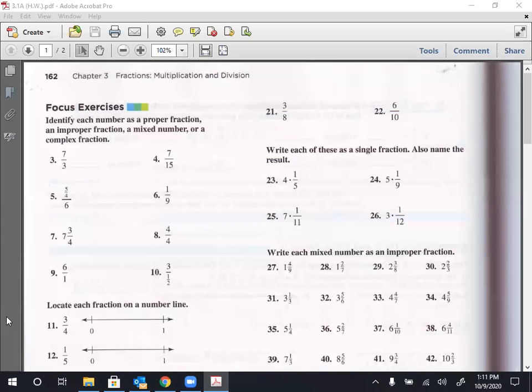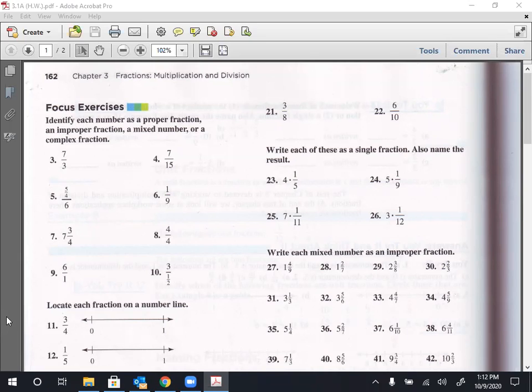That's equal to 9 times 5 plus 1, which is 46. And then you write 46 over 9 as the result. Okay?